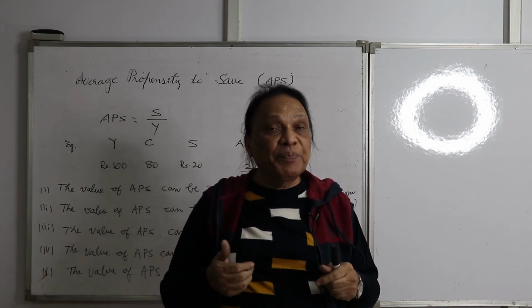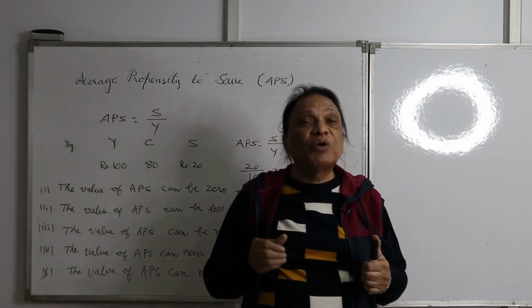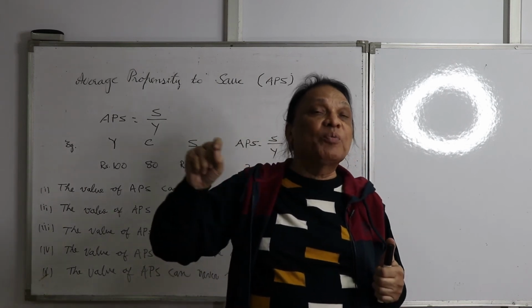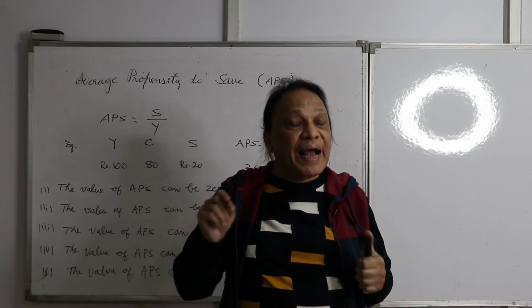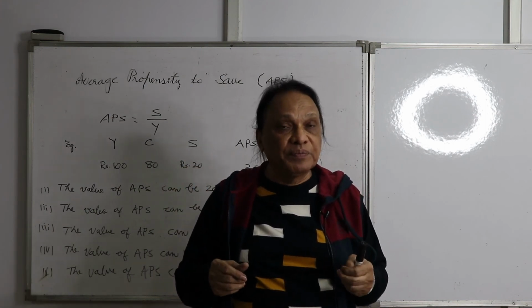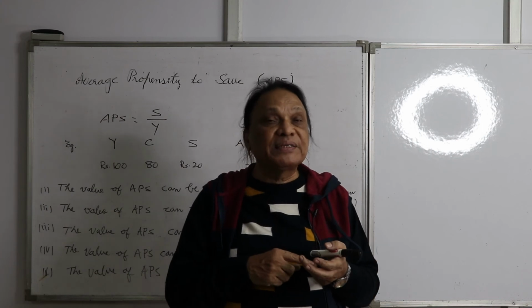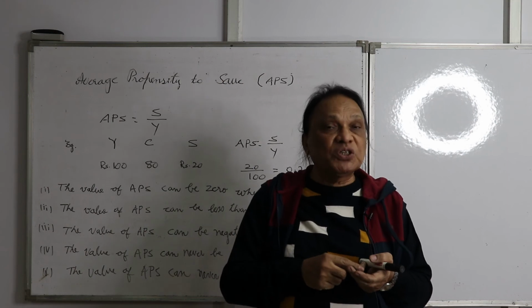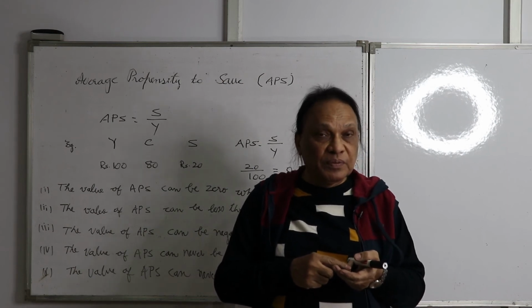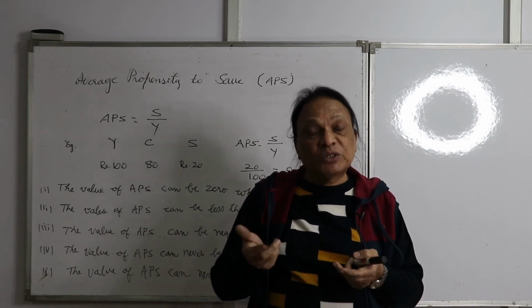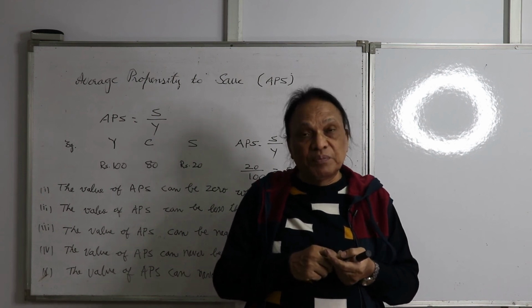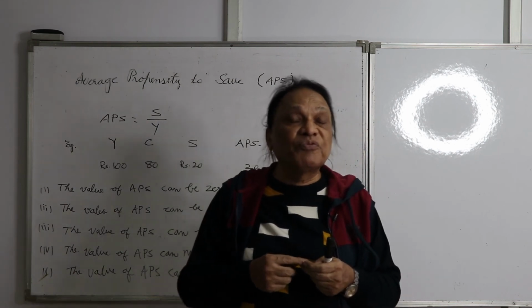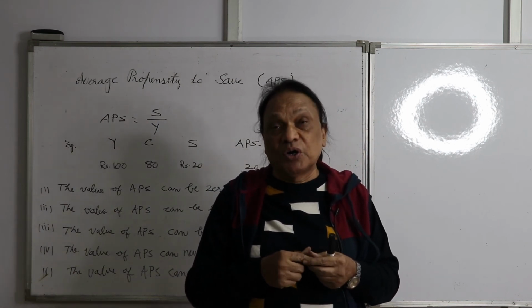The value of APS can never be 1 because income can never be equivalent to savings. There has to be some consumption in the economy. The value of APS can never be greater than 1. How can savings be greater than income? That is not possible. But the value of APS can be negative when consumption is greater than income, when there are negative savings in the economy.